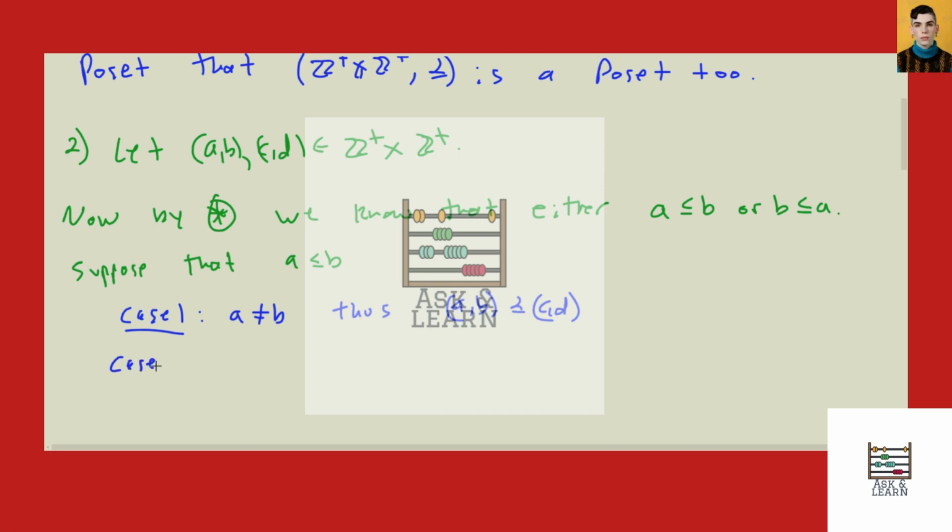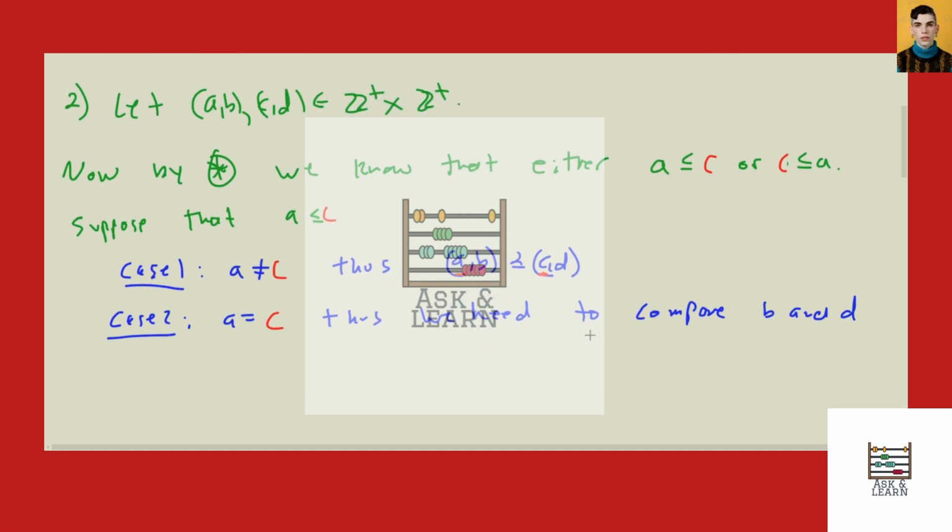And then case 2, we have A is equal to B. Thus, we need to compare B and D. Oh, actually, this shouldn't be A and B here. Sorry about that. This should be A and C, because we're comparing these first two elements there.